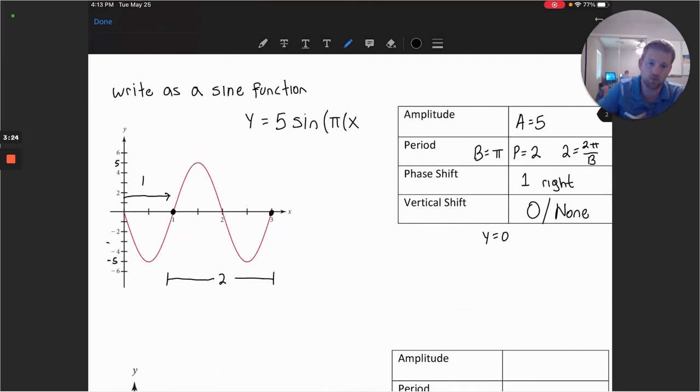And since I shifted right 1 unit, I'll have a minus 1, x minus 1 inside the parenthesis there, and then we'll finish it off with an outer parenthesis. So this full function as a sine function is y is equal to 5 sine of pi times x minus 1. So our horizontal shift, or our phase shift, is 1, and the B value is going to be pi. So there's our equation for this one.